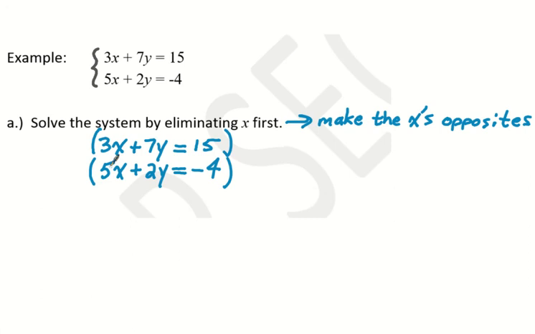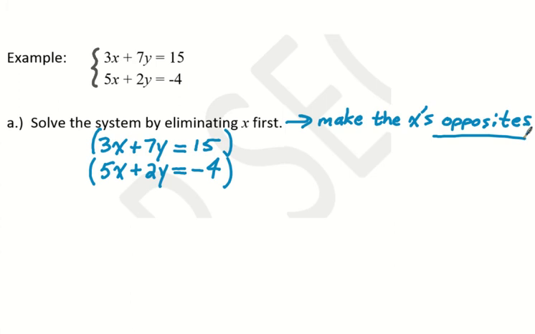You can turn a 5x into 10x, negative 10x, 15x, negative 15x, 20. Think about multiplying this equation to make 5x into something else, making 3x into something else, but I want them to end up being opposites.